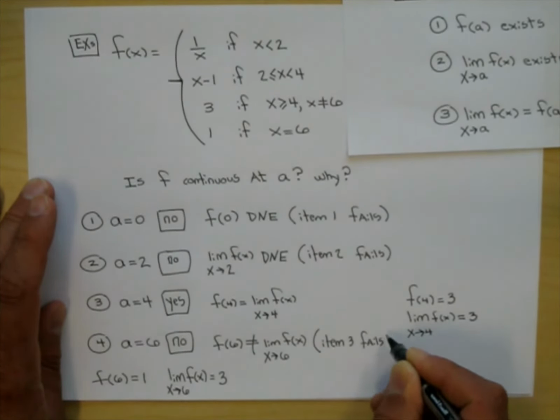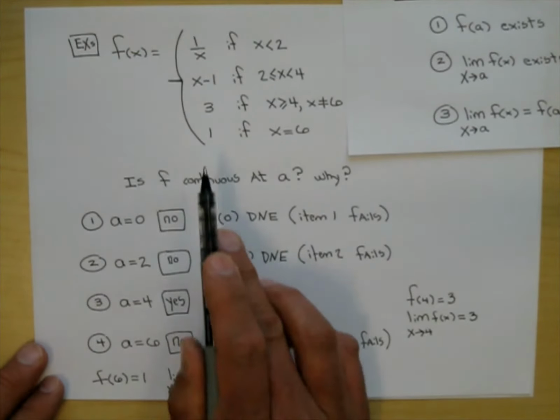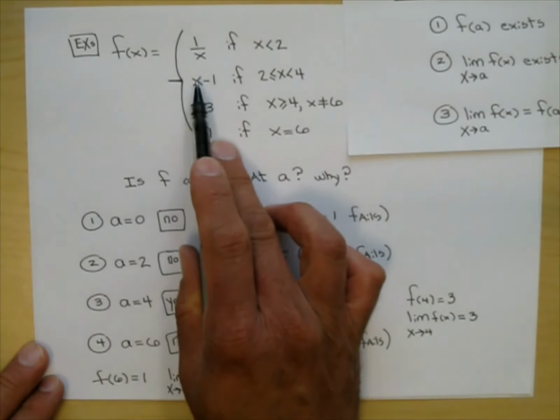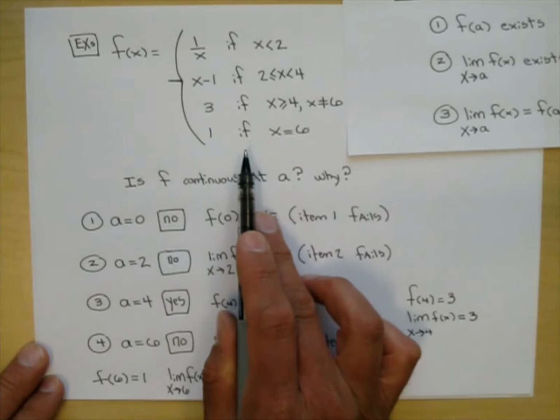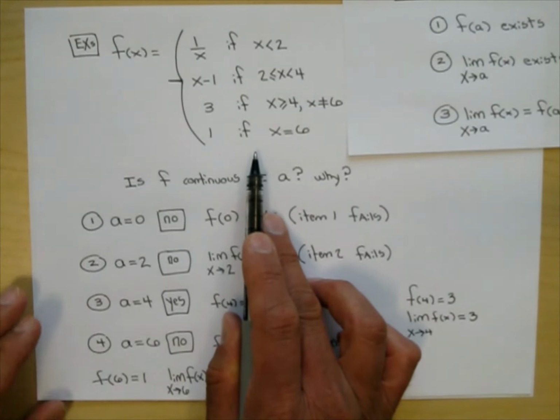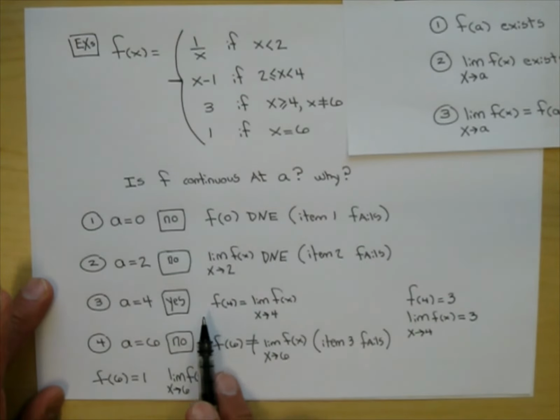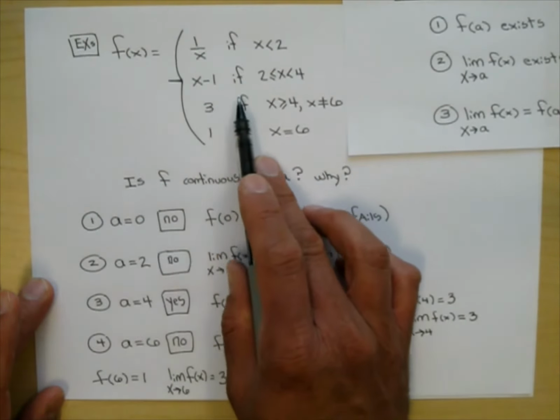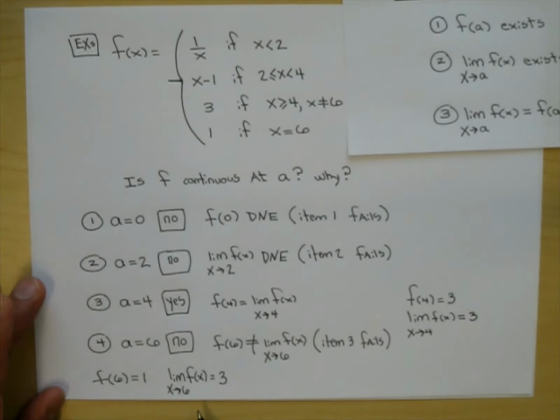So this is item 3 fails. So we're analyzing this just by looking at the algebra. We did not draw a picture. If we had drawn a picture, we would have been able to figure these things out from the picture. But there are some times where you want to actually know how to look at the algebra and figure some of these things out. So there was only one of these 4 x values where f was continuous.